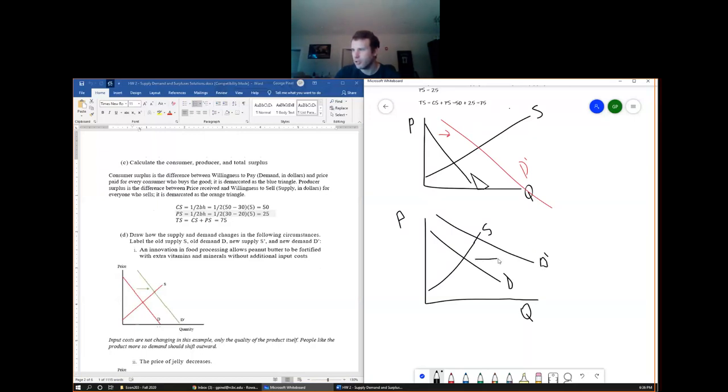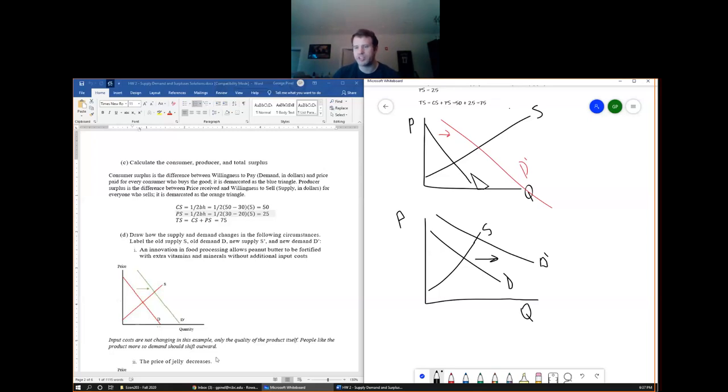Okay. So basically, let's say you don't care about jelly sandwiches, you don't care about peanut butter sandwiches, but you care about peanut butter and jelly sandwiches. The price of a peanut butter and jelly sandwich has basically gone down, so you're going to consume more peanut butter and jelly sandwiches, which will increase the demand for peanut butter. Okay.